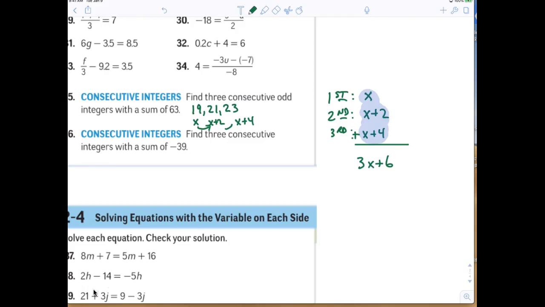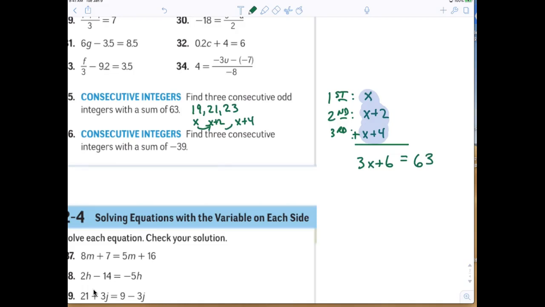Now when you add them up, they will add up numerically to what? What are they equal to? What number are they equal to? Somebody read the sentence for me. Oh, 63. Come on, guys.